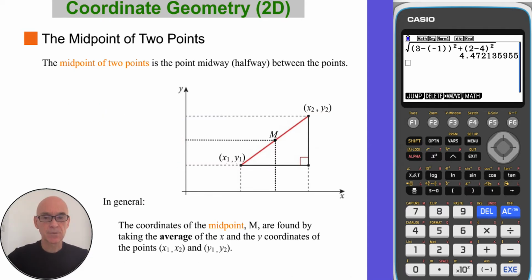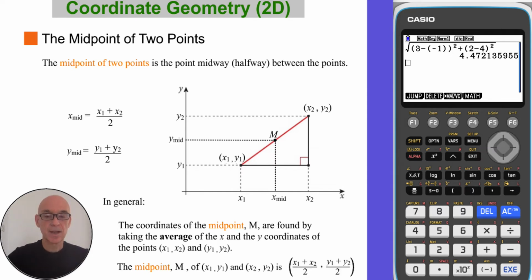Repeating the process for the 2 points x1, y1 and x2, y2, identifying the x-coordinates, x1 and x2, and working out their average by adding them up and dividing by 2. Doing the same for the y-coordinates, y1 and y2, finding their average by adding them and dividing by 2.